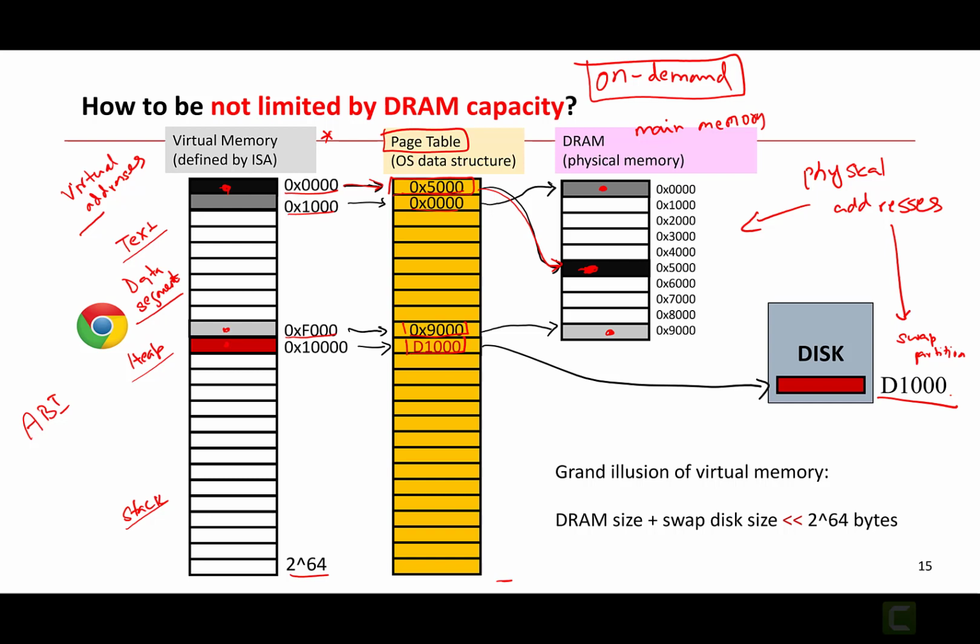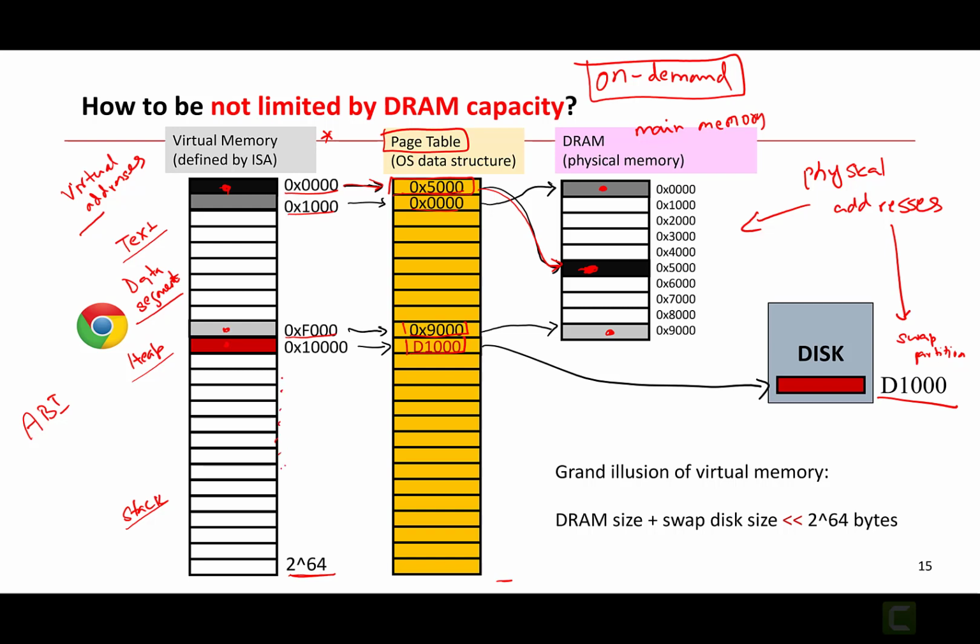Now, I want you to ask yourself a question. Can we store all the data in virtual memory? So let's say I said that the operating system would allocate physical space on demand. Let's say you write a program in ARM64 and you keep asking for more and more data, meaning you want to allocate more and more space.